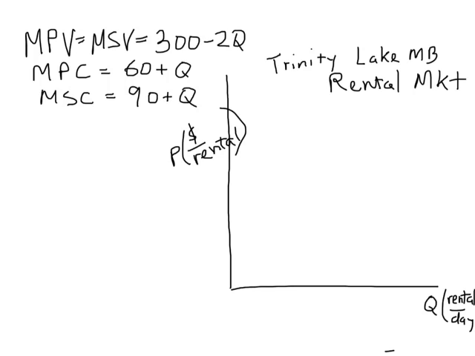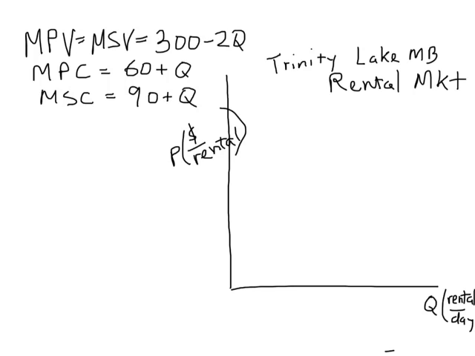And I've handily pre-made my axes. On the x-axis is rentals per day, quantity. Price is going to be dollars per rental. I'm going to start it up here and try to write small. Let's start mapping stuff.